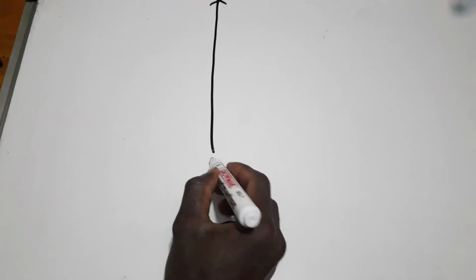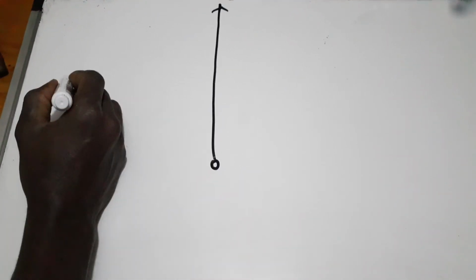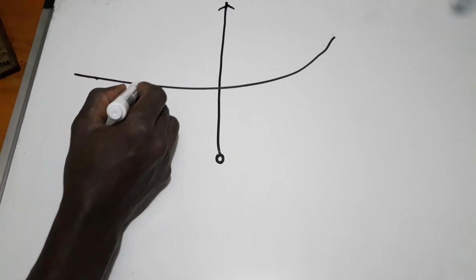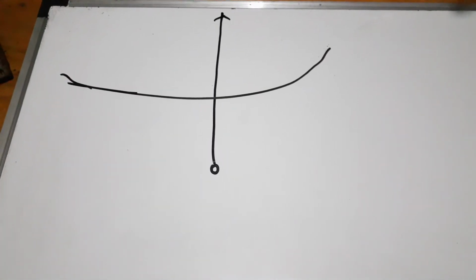They've said that the two towns P and Q are located on the equator such that Q is due east of P. So I'm going to draw for you. I'm going to say this is 0, the Greenwich meridian. Then we have our equator here.